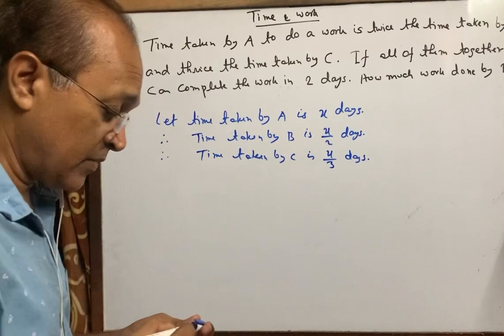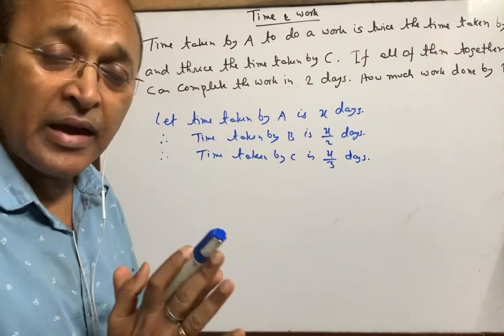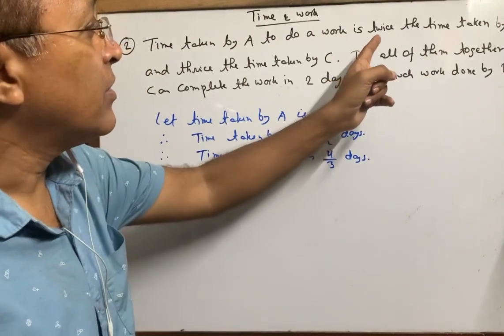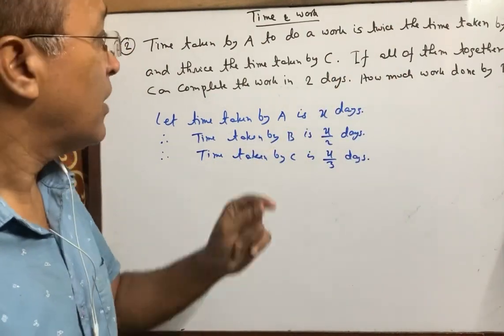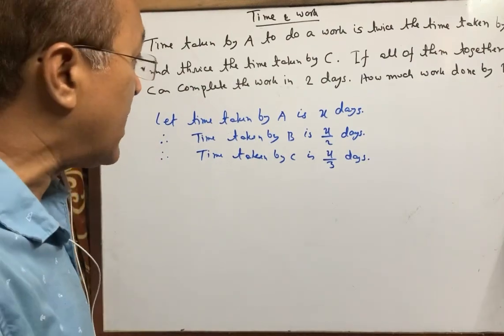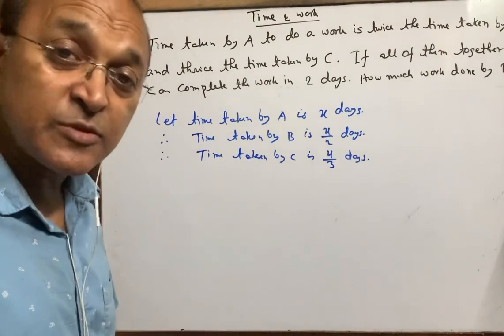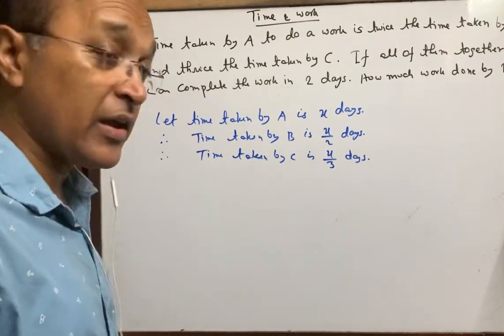Okay. Since it is given the time taken by A is double the time taken by B and triple the time taken by C, right? So if A takes X days to do the work, B will take X by 2 days and C will take X by 3 days.